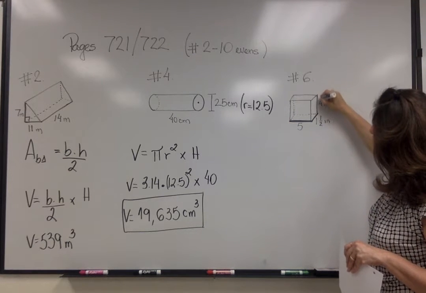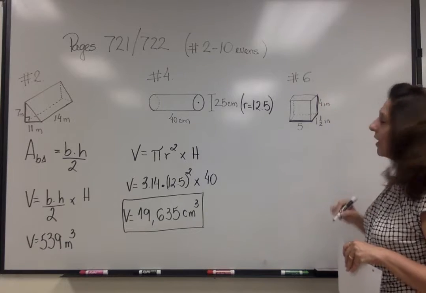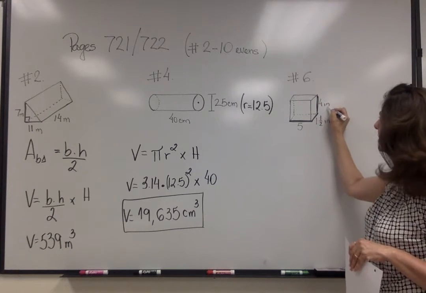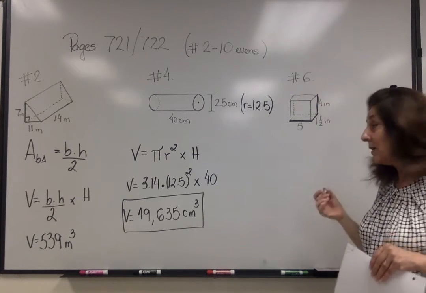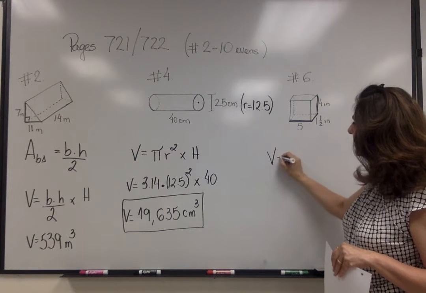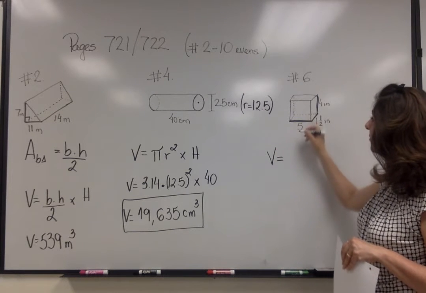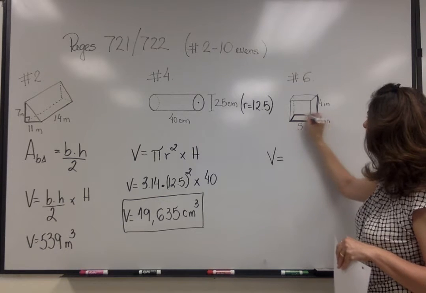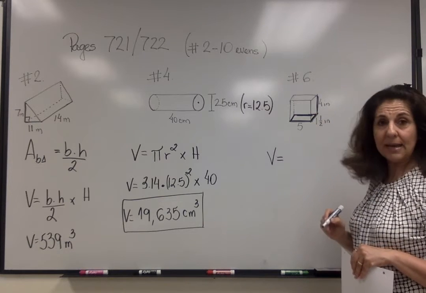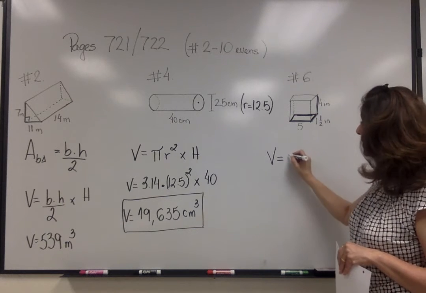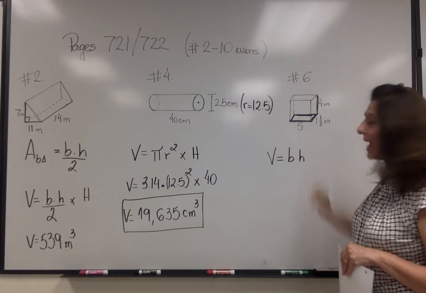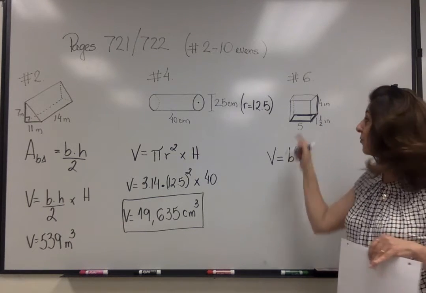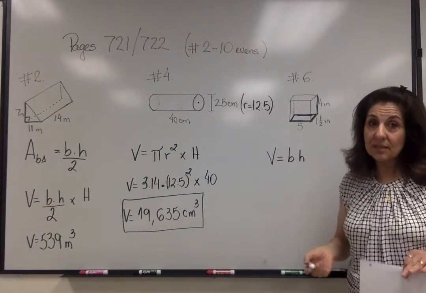And then we have the height of our prism here, which is 4 inches. So once again, we write the volume as the area of the base. This here is our base. So the base is base times height. Since this is a rectangle, then this is not divided by 2.